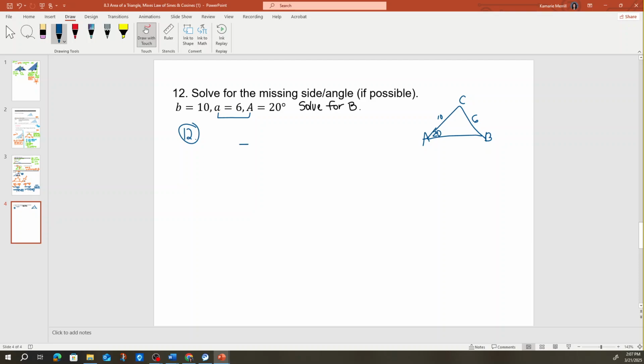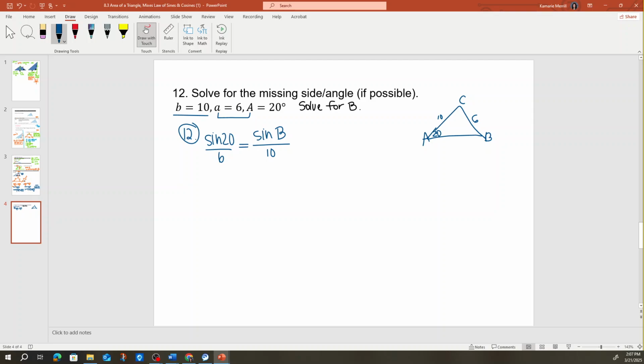What am I forced to find? I do know sine of 20 over 6 is proportional to what? Look here. What am I forced to find? Angle B. I am forced to find angle B. Does that make sense?